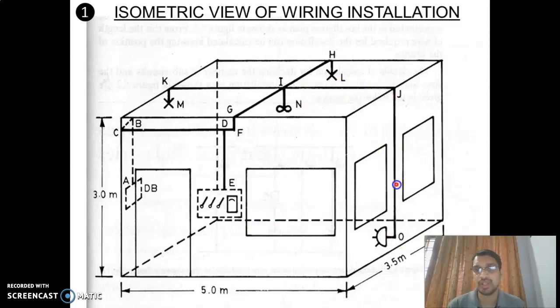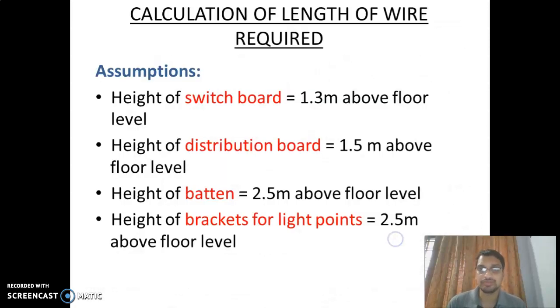Then JO, the dimension is not given, so you assume it is 2.8, because the power plug is installed near the floor level. The building height is 3, so you assume 2.8 or 2.7. Here we assume 2.8 meter. That is the length of wire required in the power circuit.